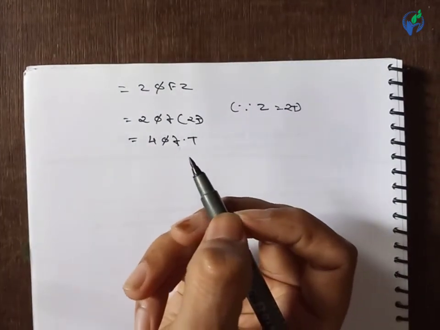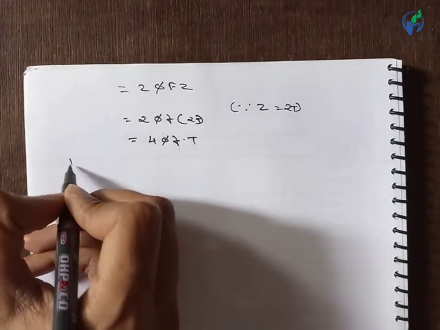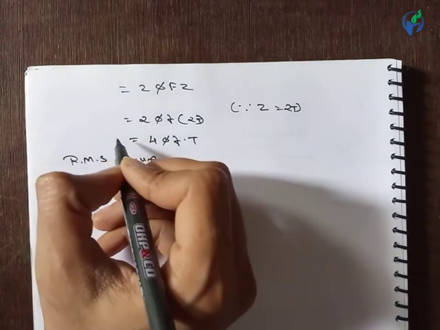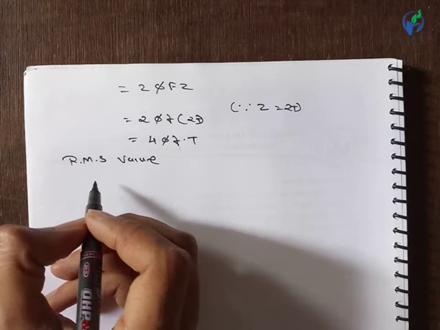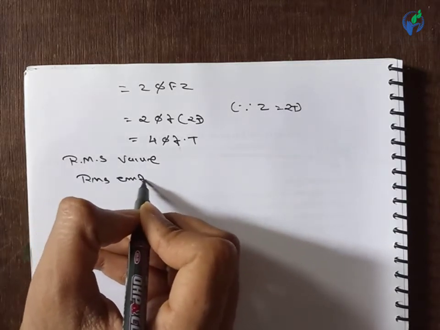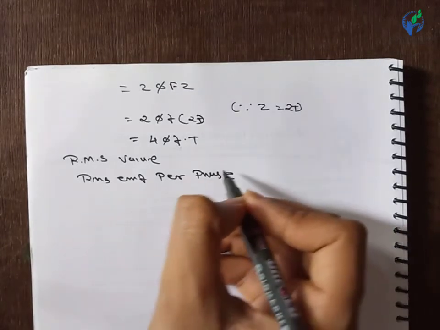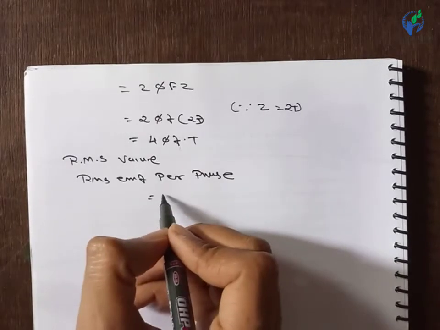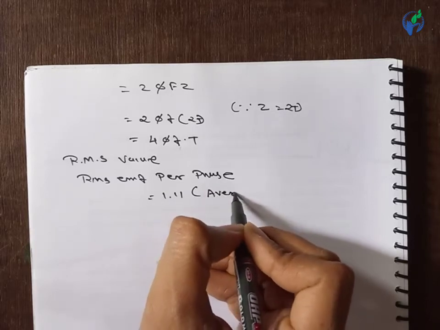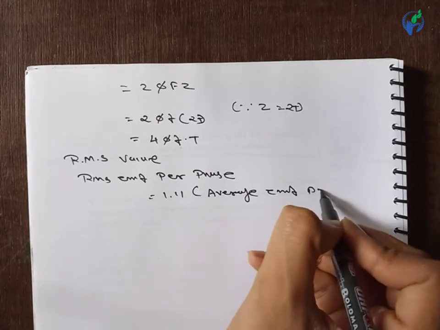Now the next point is the RMS value. The RMS EMF per phase, we know, is 1.11 into the average EMF per phase.